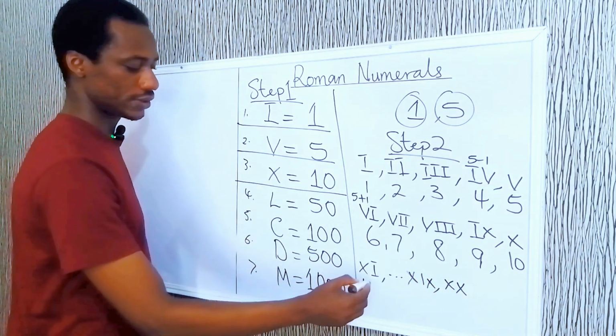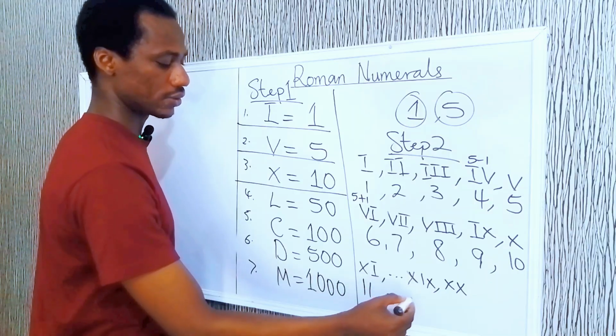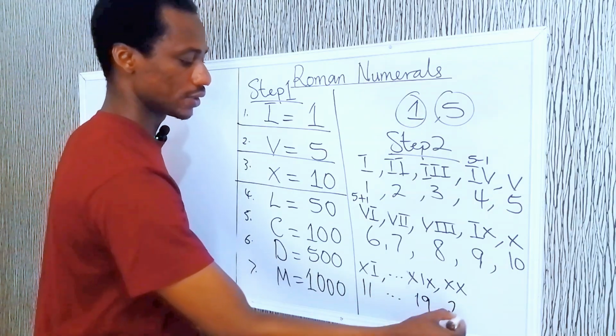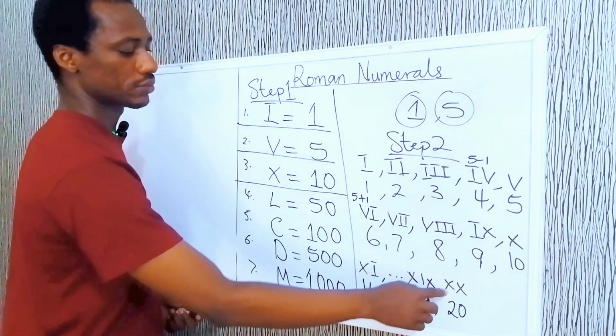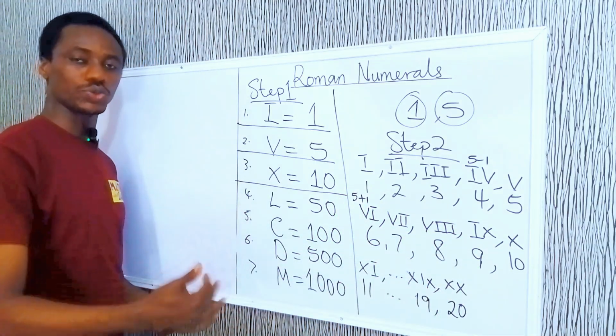All right, so this is 11, and like that to 19 and 20, and then you continue like that with your 1 to 9 on 20: 21, 22, 23.